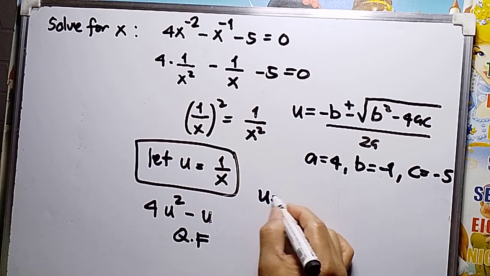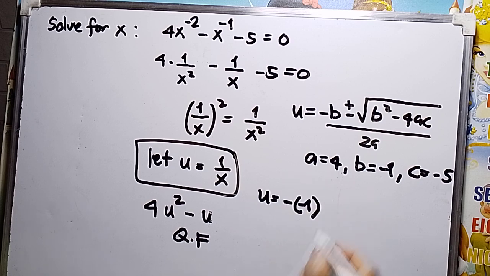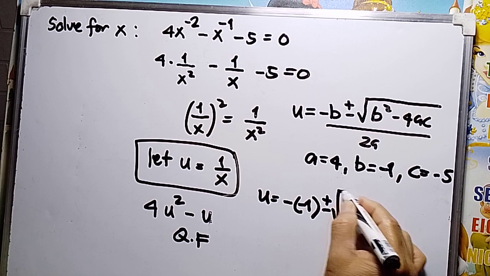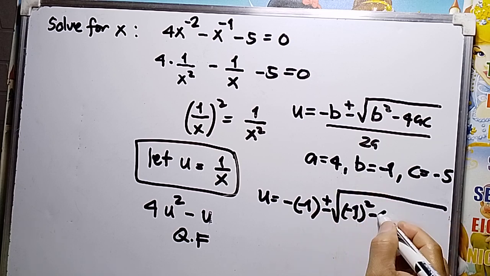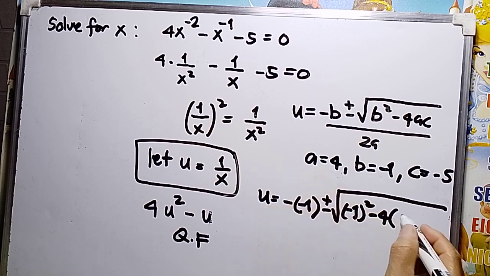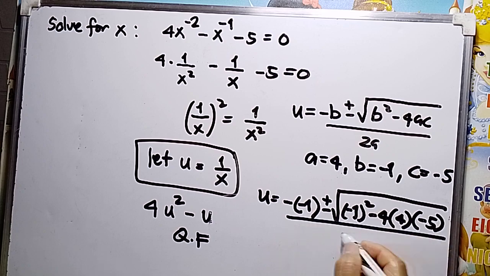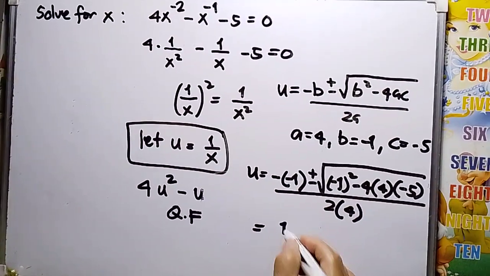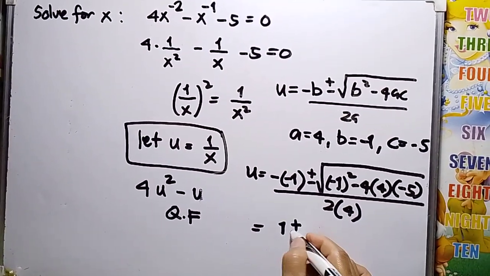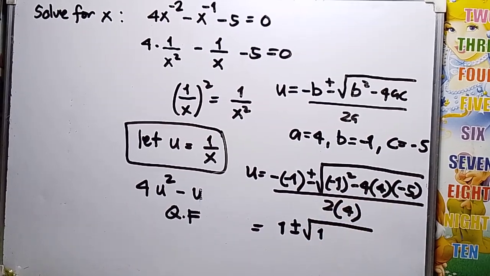Then we substitute into the formula. So u equals negative negative 1, plus or minus the square root of negative 1 squared minus 4 times a, which is 4, times c, which is negative 5, all over 2 times 4.